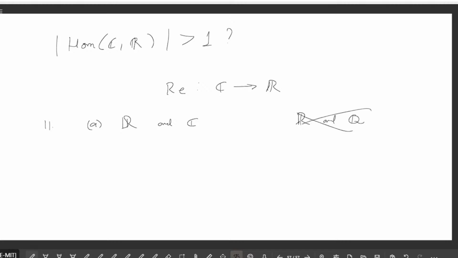R and C are both uncountable, so you can't dispose of it directly.